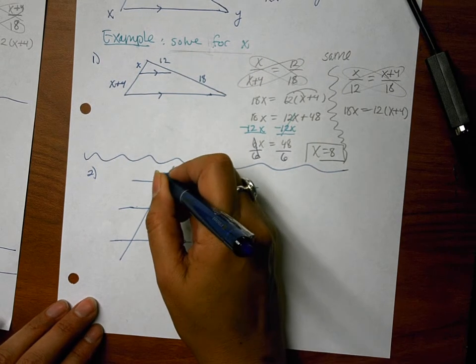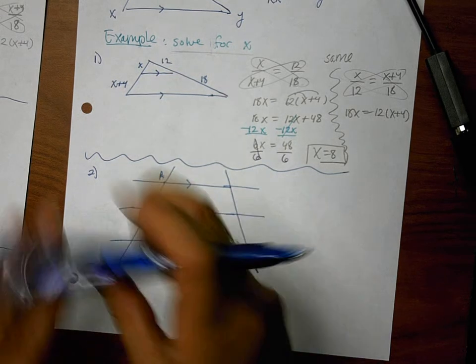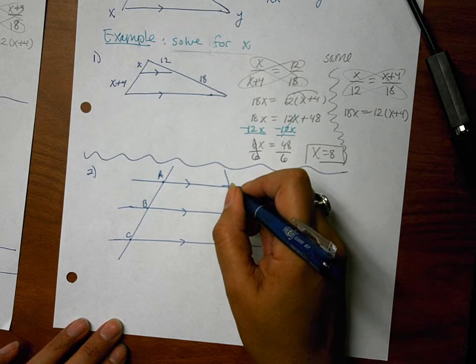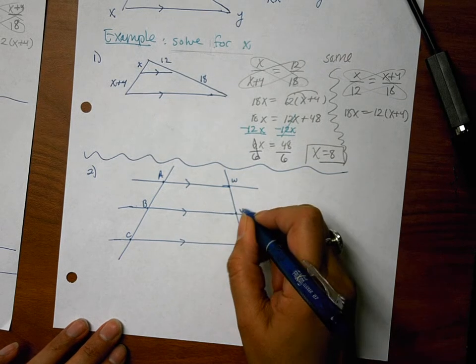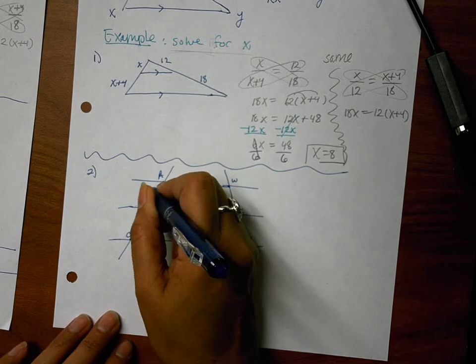So there's my transversals. I'm going to call this here point A, that point of intersection B, this point of intersection C, W, X, Y. All right, so I'm going to give to you given information.